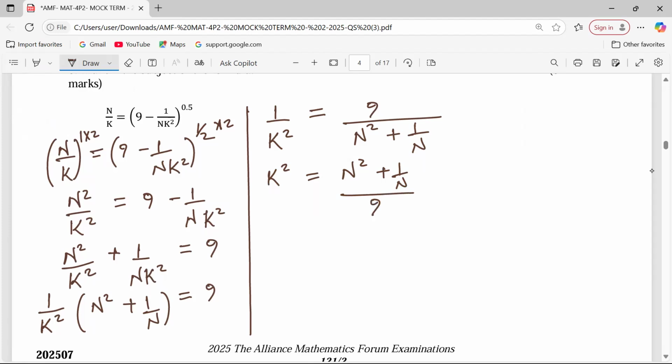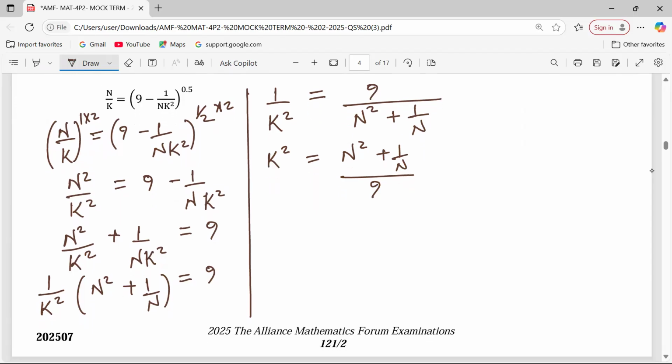Yeah, divided by 9. You see that? Divided by 9. So let's talk of now k alone. And k alone shall be the square root now.